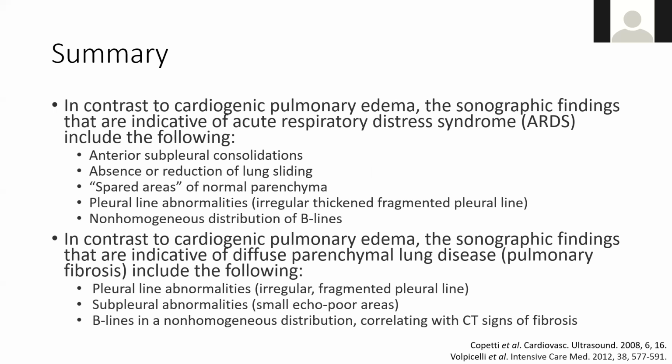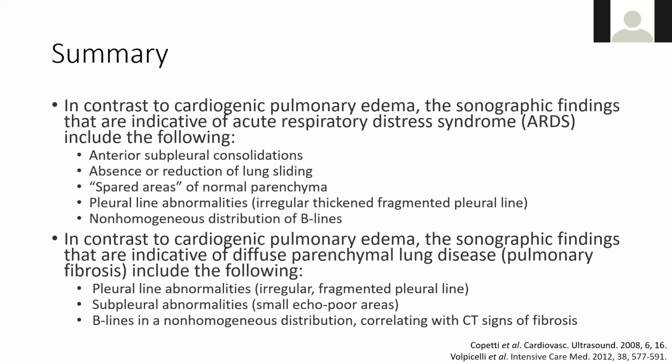Main features to contrast other causes to cardiogenic pulmonary edema. So for acute respiratory distress syndrome, which we didn't see, although we saw a more infectious-seeming case, ways to distinguish ARDS would be anterior subpleural consolidation. You may also get absence or reduction of lung sliding, some spared areas of normal parenchyma, pleural line abnormalities, and non-homogeneous distribution of B lines.